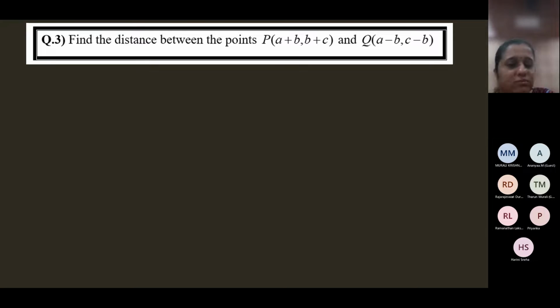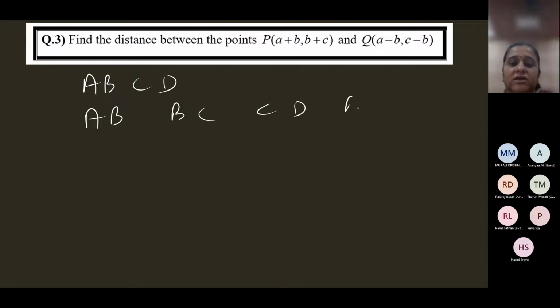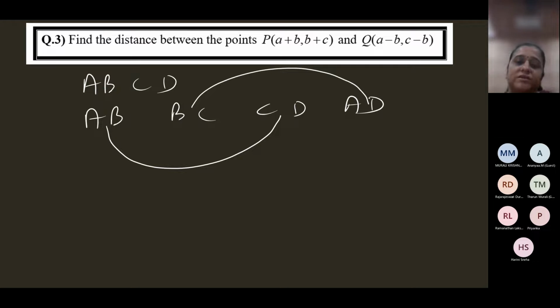Actually, for you, both pairs of opposite sides will be equal. Suppose the quadrilateral is ABCD, with sides AB, BC, CD and AD. You will see that AB is equal to CD and BC is equal to AD. So opposite sides are equal.